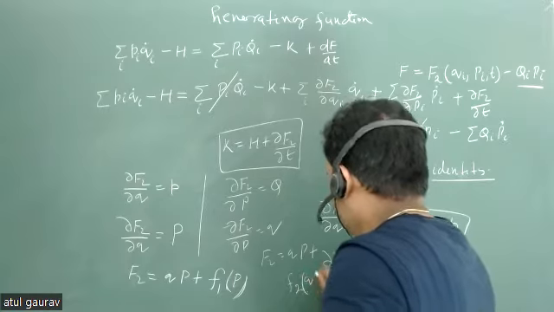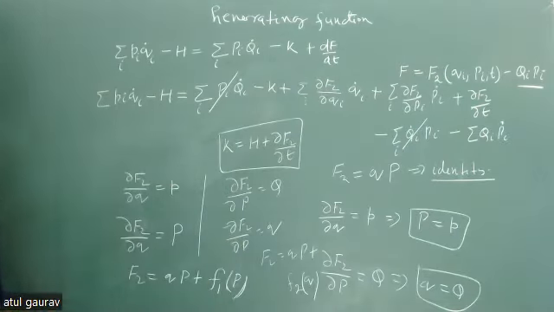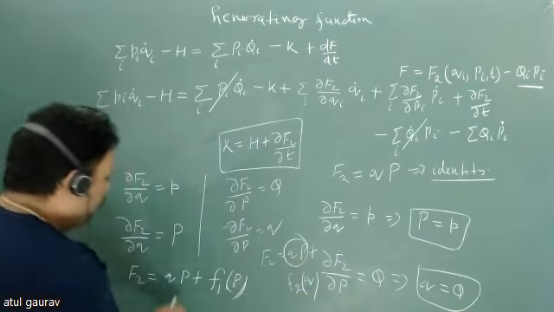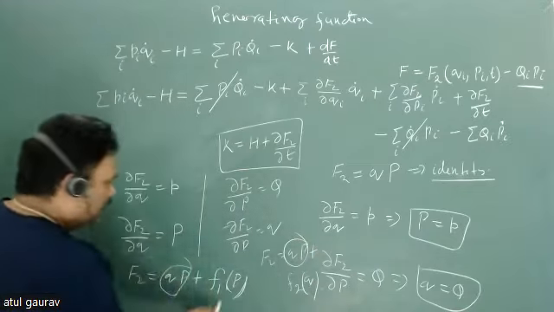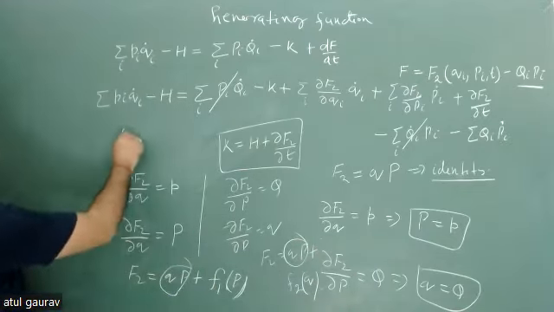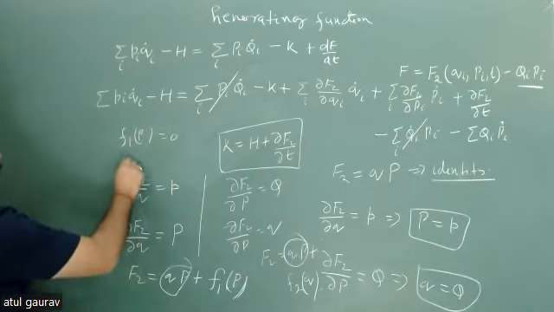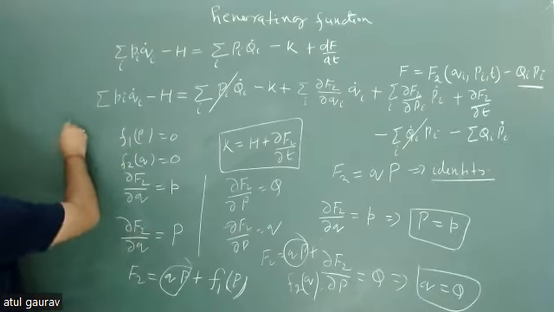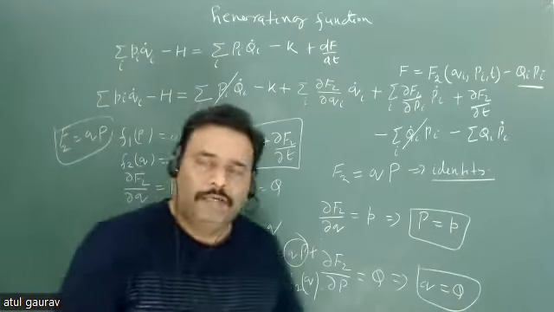Now you are going to equate on both sides. You are very lucky that this mixed term is the same here, so you can easily equate F1 into this side, F2 into this side. So what I get is F1(P) is equal to 0 and F2(q) is also 0. So your F2 is basically qP. This is very trivial, very simple.